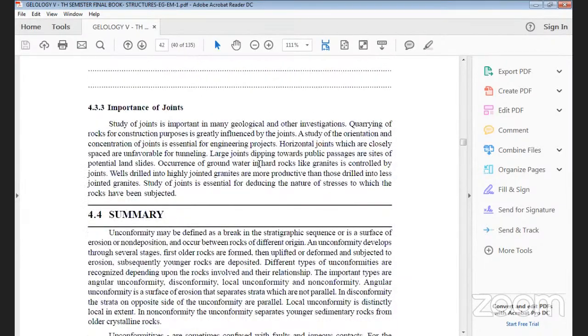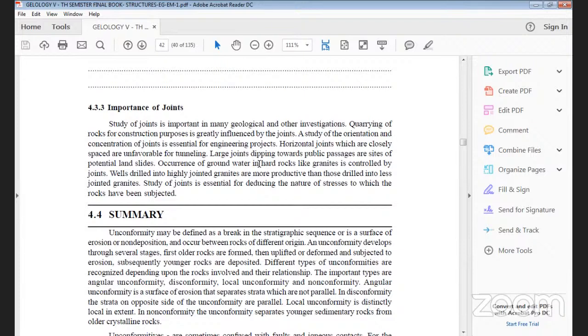Some important points on the importance of joints: in many geological and other investigations of bodies of rock for construction purposes, the work is greatly influenced by these joints, and the study of the orientation and concentration of joints is very essential for engineering projects.